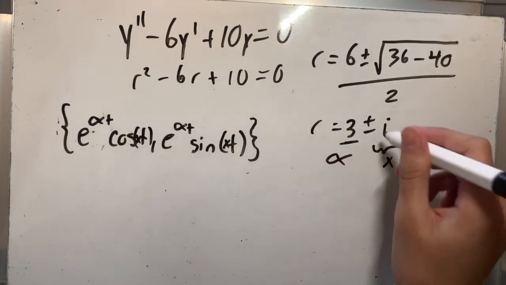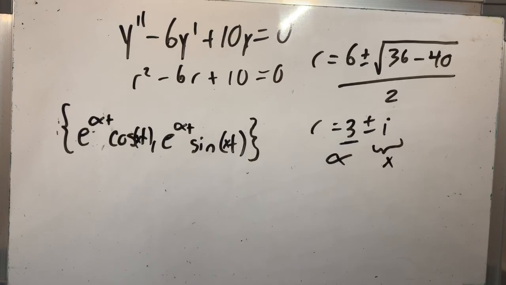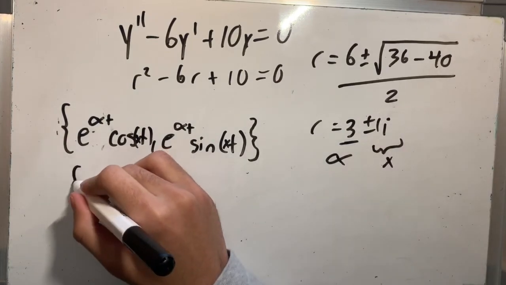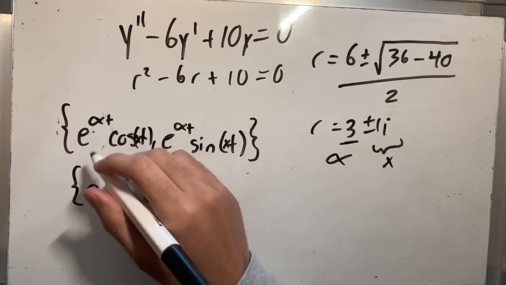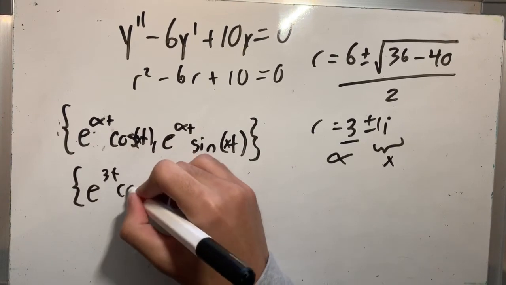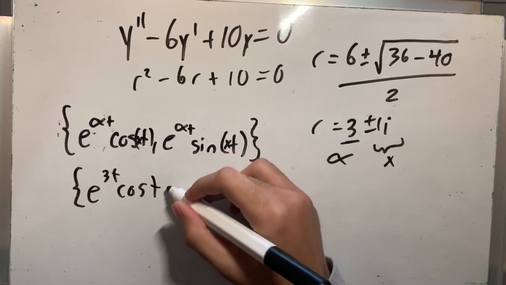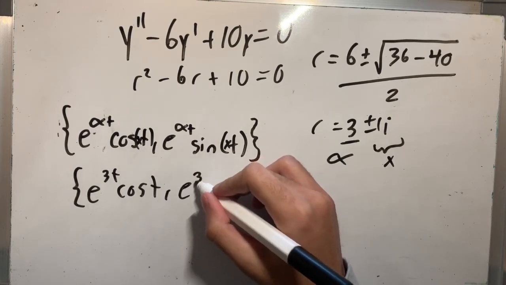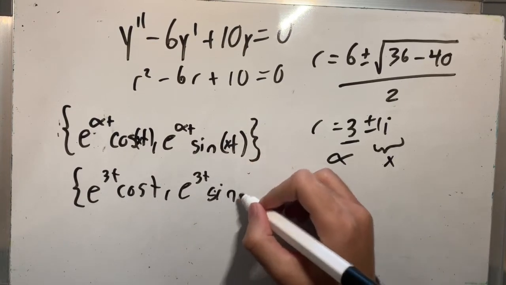And it's 1 because this is 1. So in this situation, our general solution will be e^3t cos t, e^3t sine t.